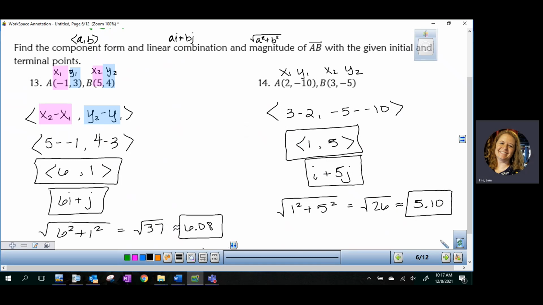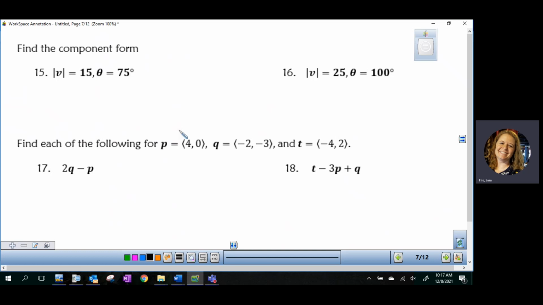Okay, the next type of question here is component form again, but from a given magnitude and direction. So instead of telling you the points of the vector, the endpoints of the vector, they tell you the length of the vector and the direction. Okay, so remember component form from magnitude and direction, it's magnitude times cosine of theta, and then magnitude times sine of theta.